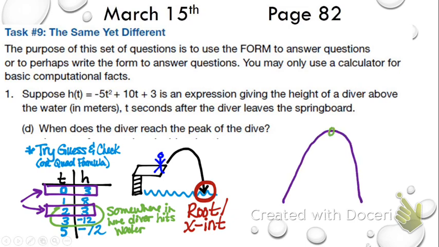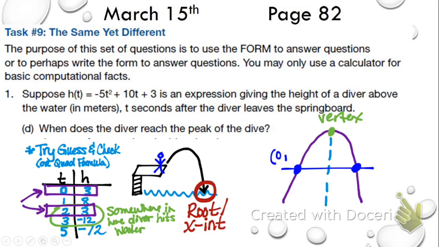Yep. Here's my vertex. And right down the middle, there's this line of symmetry. So if I can find something that's the same height on either side, halfway in between, the vertex has to be there.